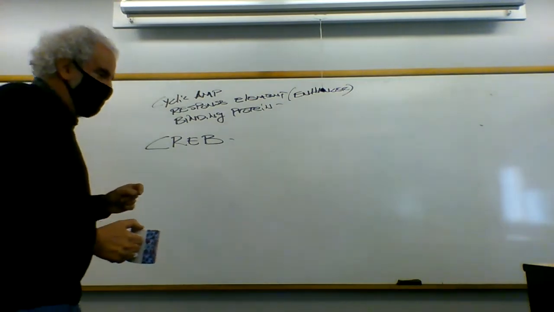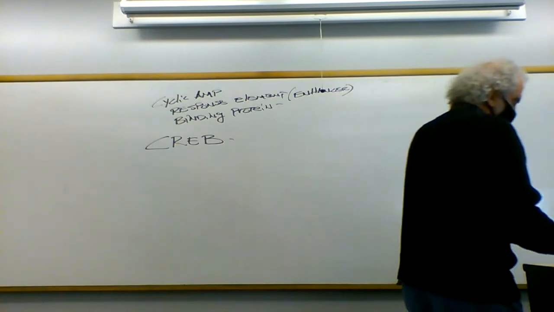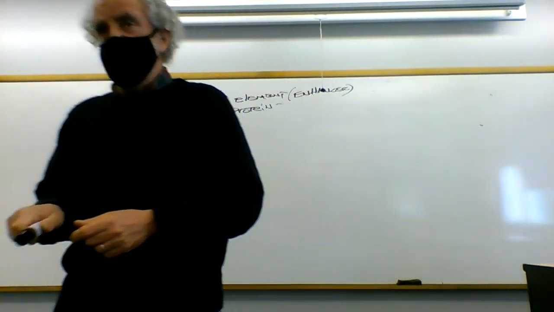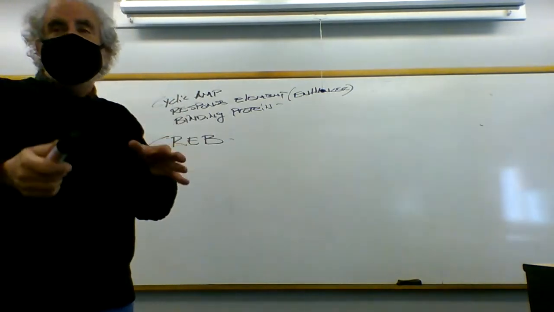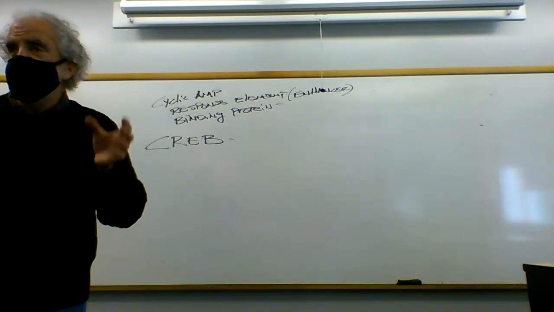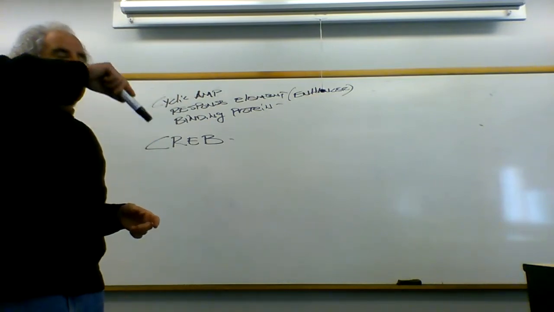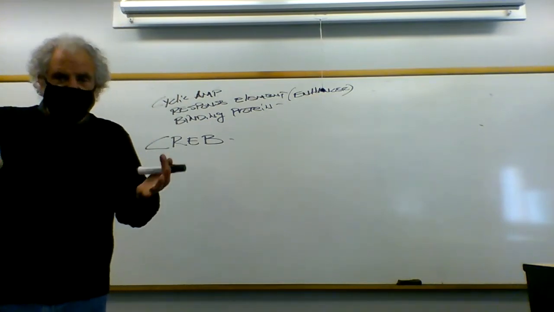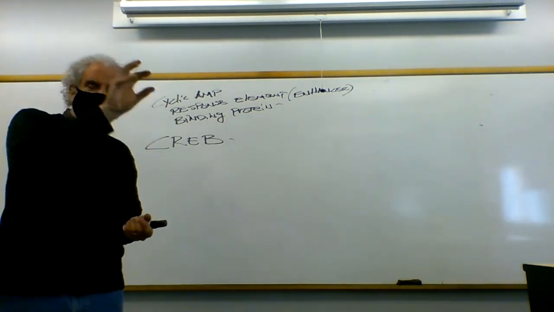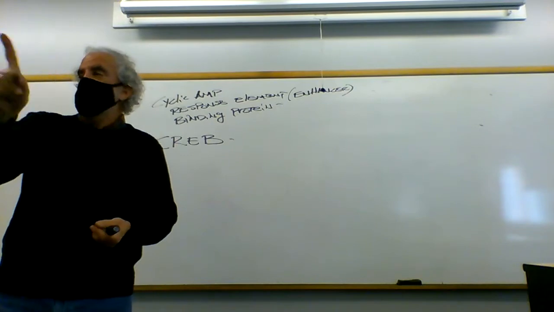And what this means is we've got now a cyclic AMP dependent transcription factor. And there are a whole set of genes that have this response element, this enhancer in front of them. When you have a cyclic AMP increase, you can activate CREB. CREB in turn goes into the nucleus and begins turning genes on.